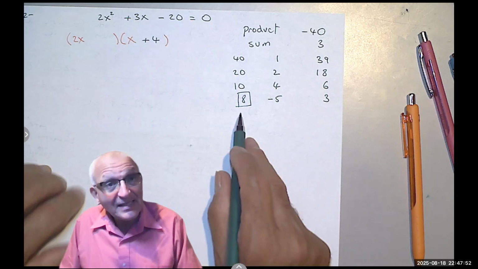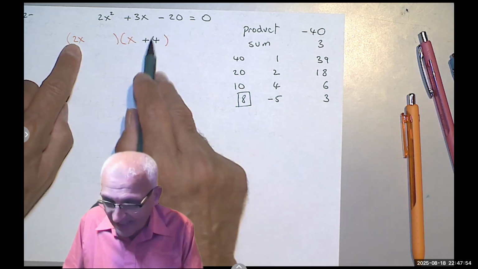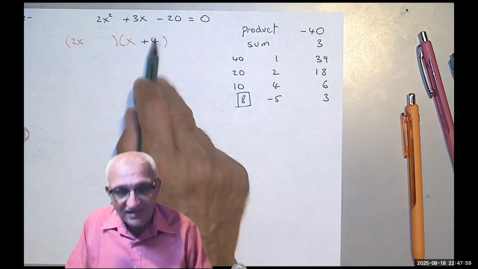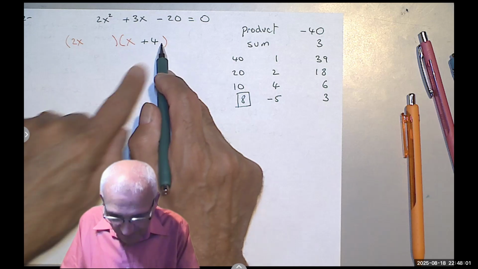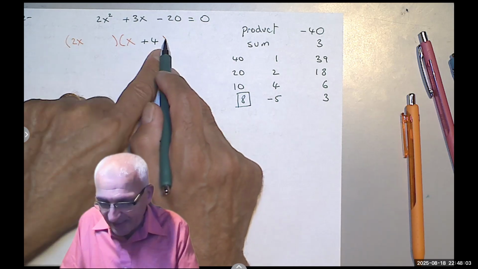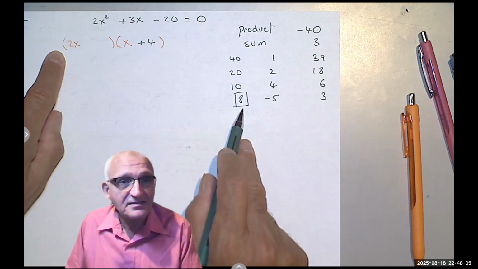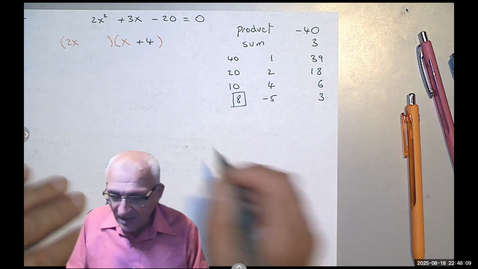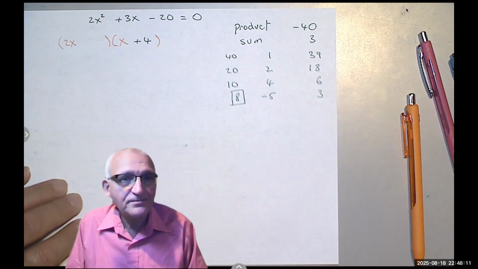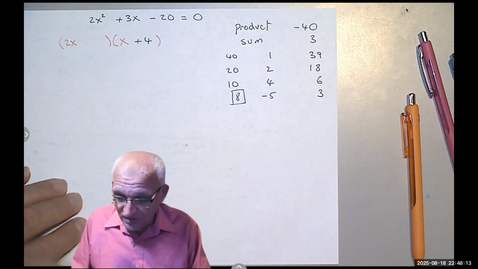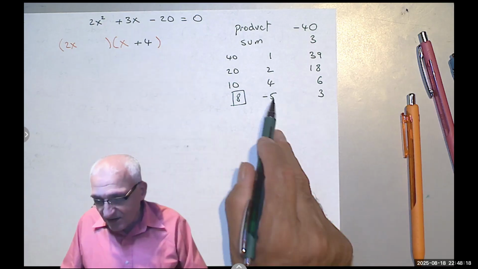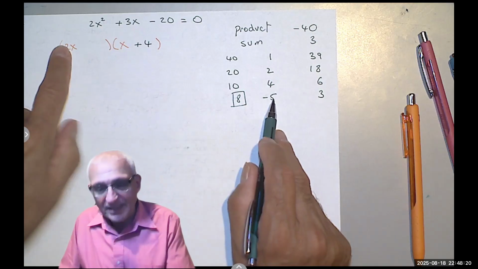So that when I multiply 2 by 4, I get 8x. Again, I couldn't write the 5 here because this 5 would be multiplied by the 2. And if I do, I get a 10, not an 8. The only way to get an 8, because it's an even number, I have to multiply 2 by 4. Someone would say, oh, why don't you multiply 8 by 1? Again, I cannot get a 5 by multiplying 2 by something.